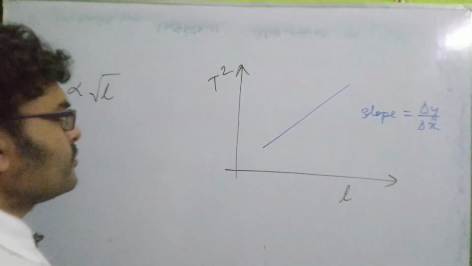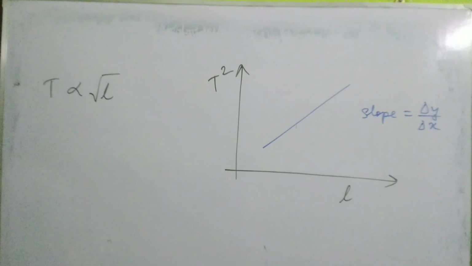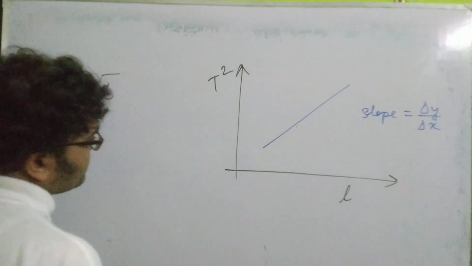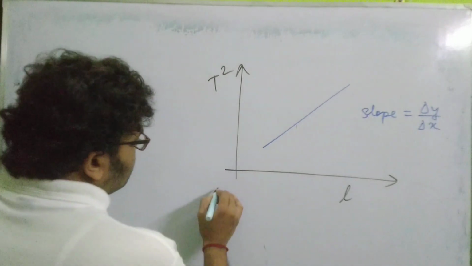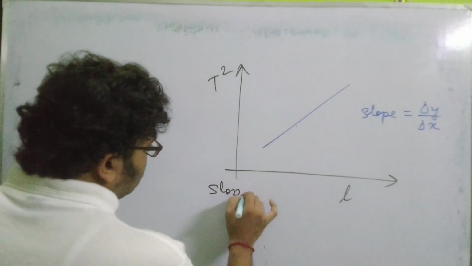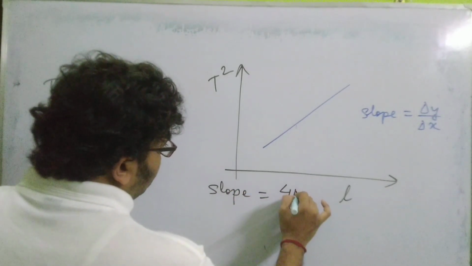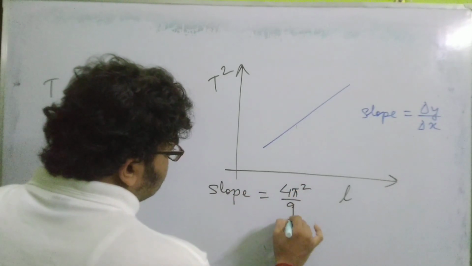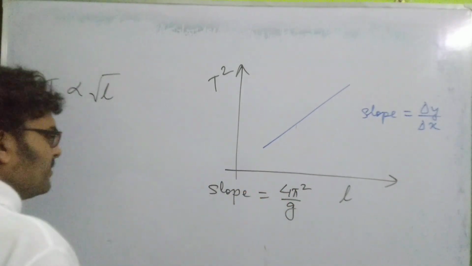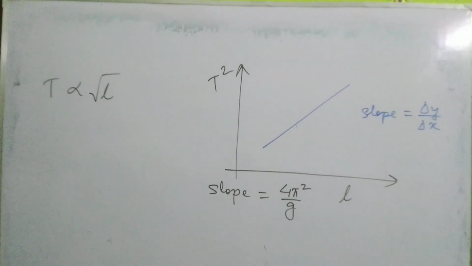From this graph we can get the slope, and the slope is found to be constant at a certain place. The slope of this T square versus L graph is equal to the constant 4 pi square by g. This value is constant for a certain place.